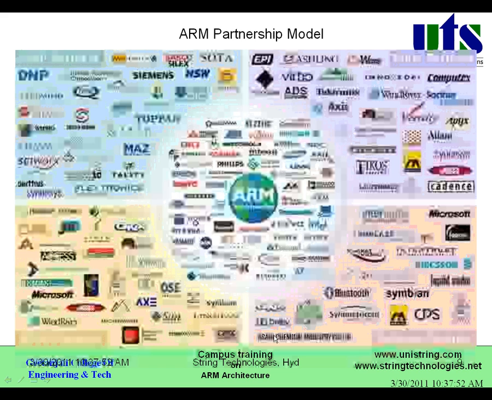Symbian OS, Dolby Digital Systems, Sun Java Systems, Red Hat Linux Systems, your Wipro. These are the topmost companies, all having ARM architecture licenses.